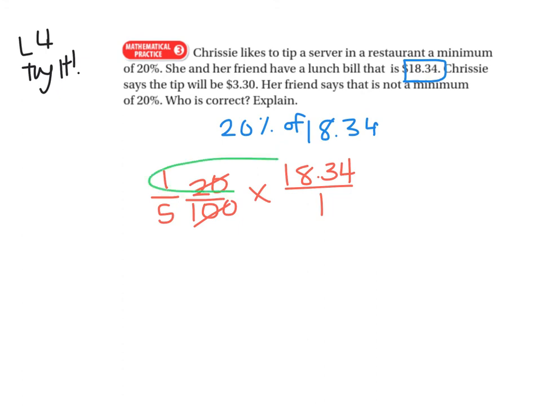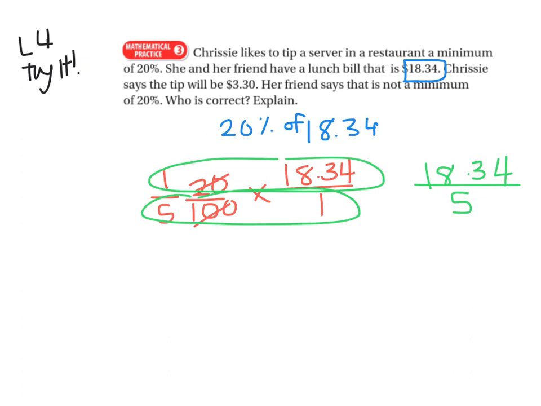I'm going to multiply straight across. 1 times 18.34 is 18.34. 5 times 1 is 5. Now I'm just going to divide 5 into 1834.